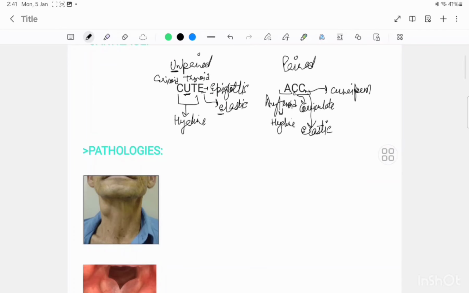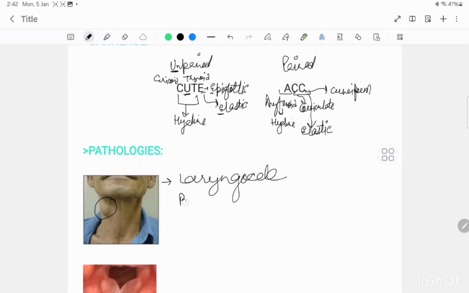So first of all, this is an image of laryngocele. It happens in persons playing trumpet. Trumpet players.